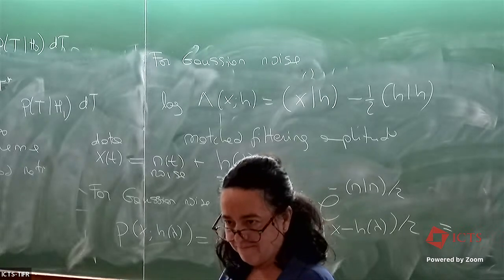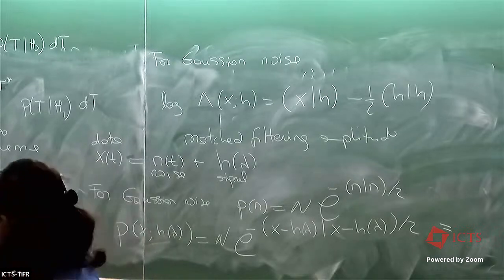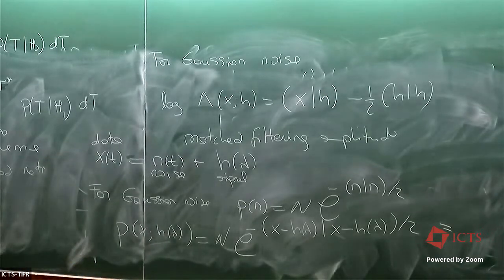Yes? Ideally, it would mean that those two curves shouldn't be intersecting. What is going to happen is that it all depends on the signal. So if your signal has a very low amplitude, the distributions are going to be very close to each other.